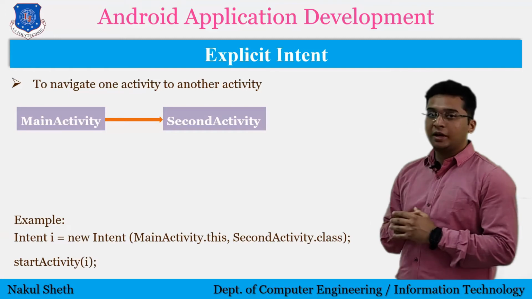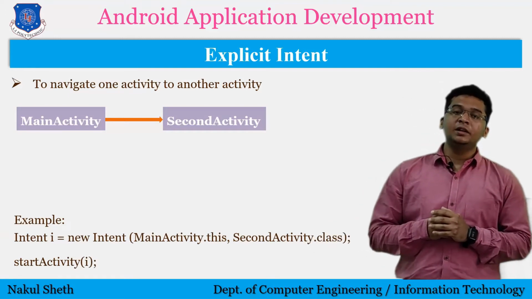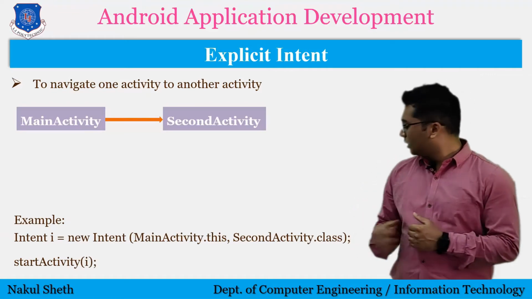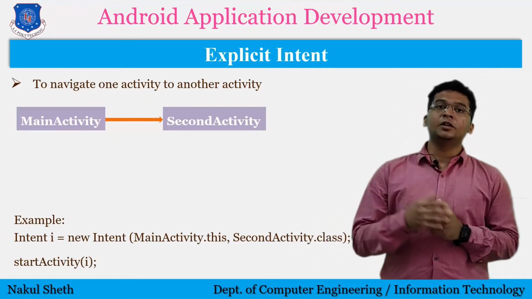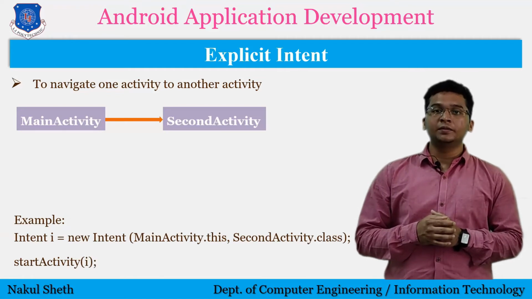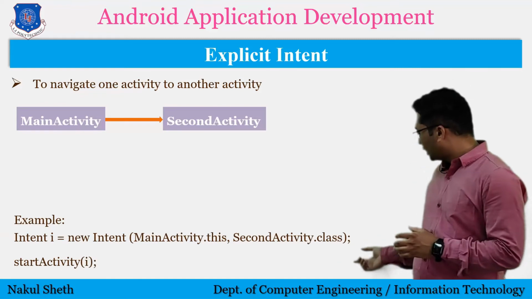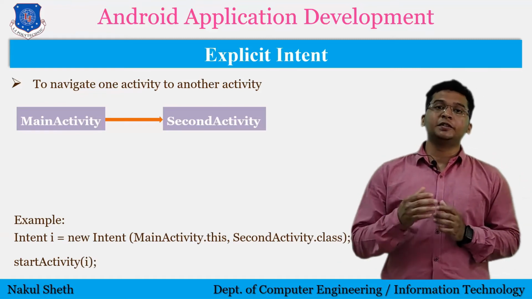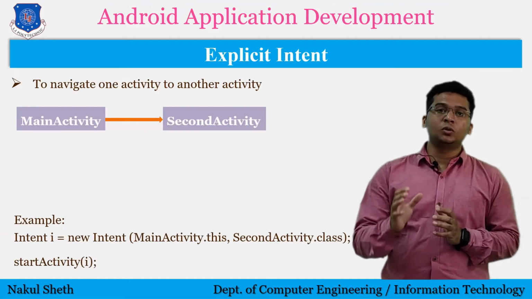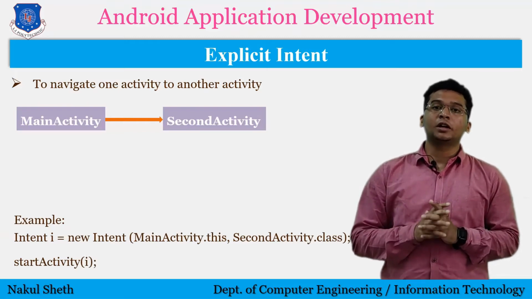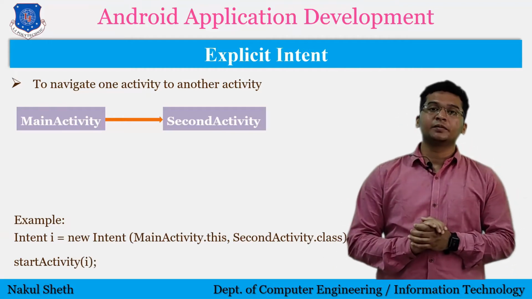So my class is MainActivity. Here I am writing MainActivity as the source activity. That's why I am going to write MainActivity.this, and the other one is the destination activity, which is SecondActivity.class. Now this .class I am going to write for the JVM. JVM doesn't know the .java file; JVM is going to know only the .class file. That's why I am writing .class here.